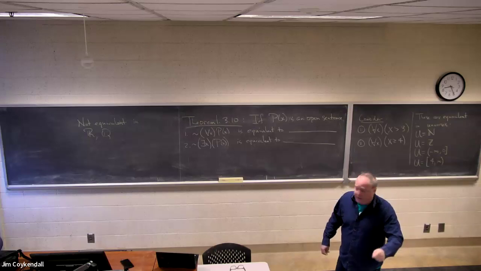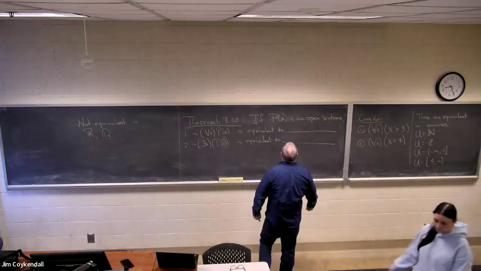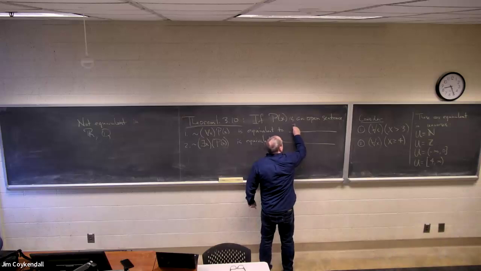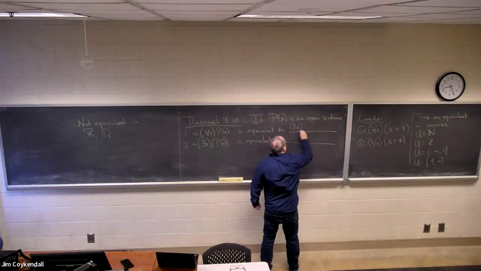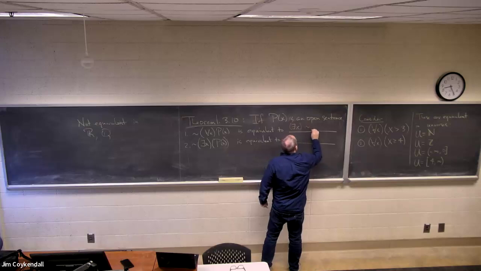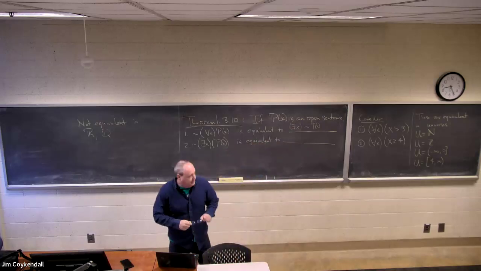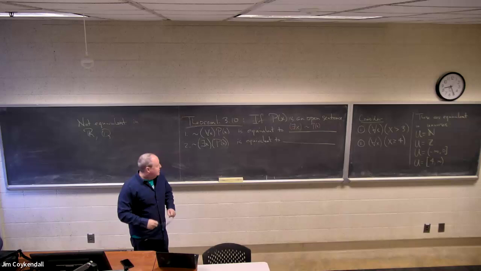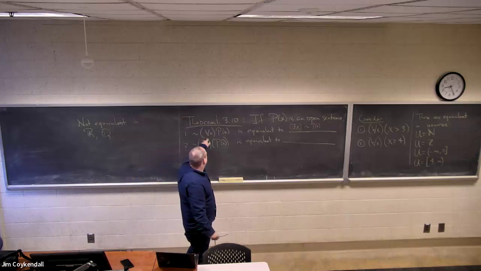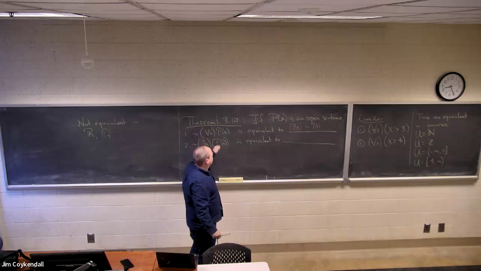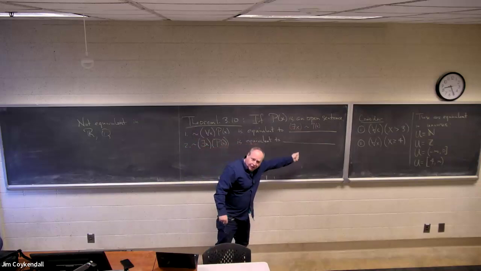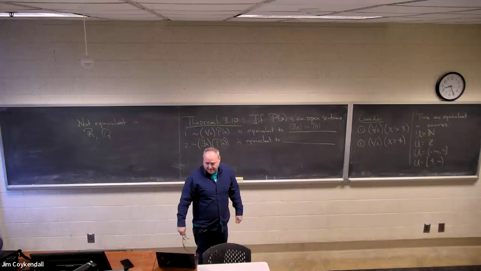There has to be at least one where it's false. So this is equivalent to there exists x, not p of x. Everybody agree? So the negation of the statement 'for every x it's true' is that there's some x for which it's not true.